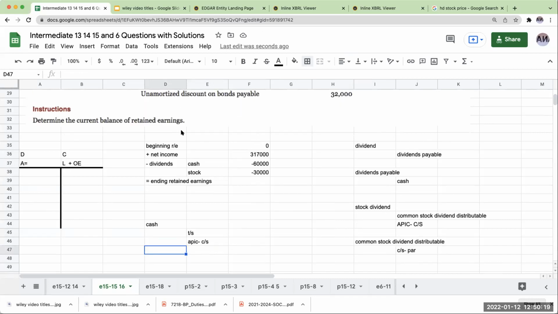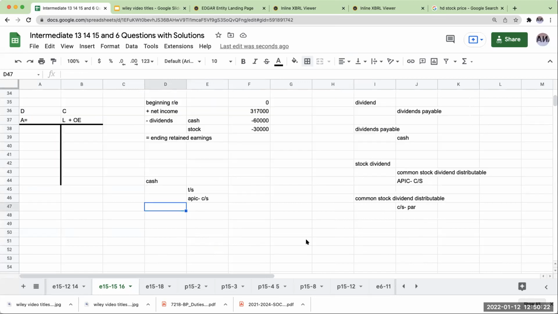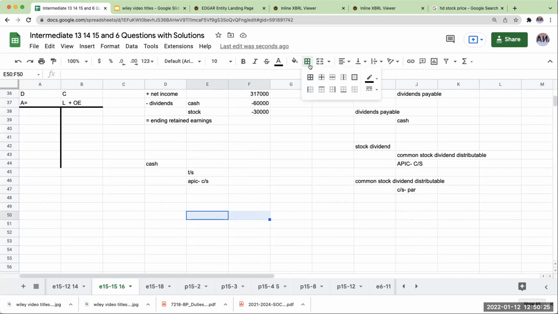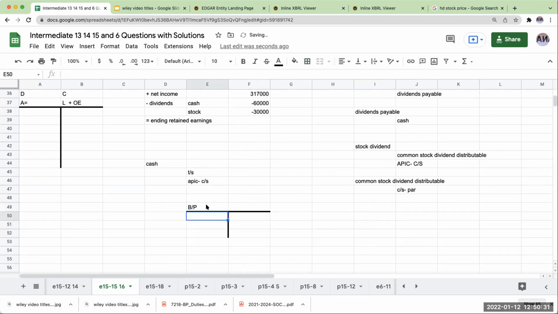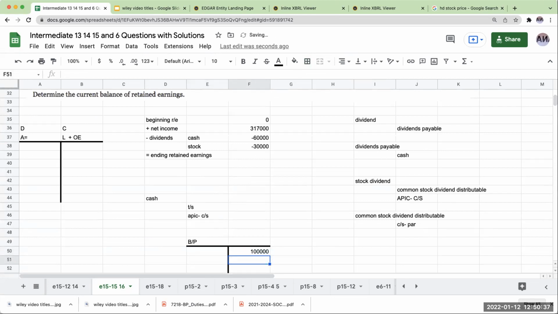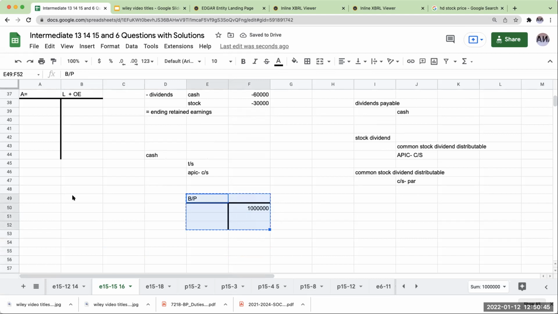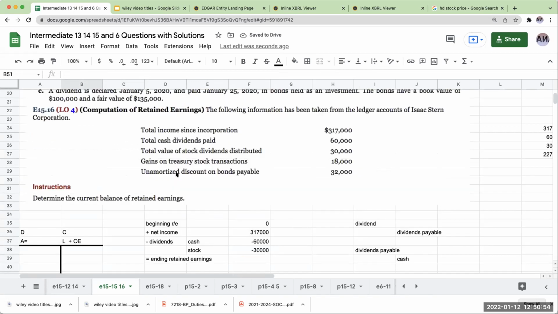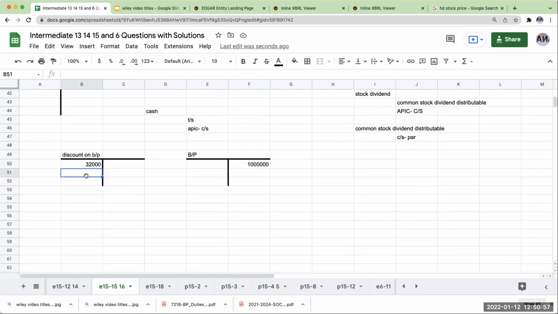Now, the unamortized discount on bonds payable of 32,000. A discount on bonds payable is essentially a contra liability account. So you'd have your bonds payable, say $1 million, and then a discount on bonds payable with a debit balance of 32,000. When I pay off the bond, the discount is going to have to go down to zero.